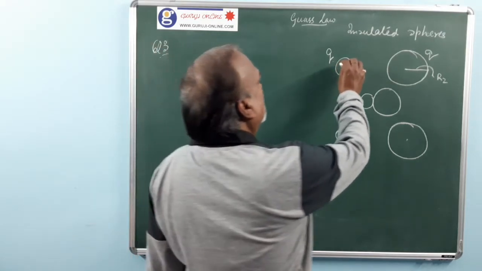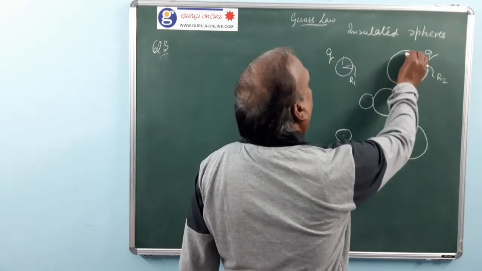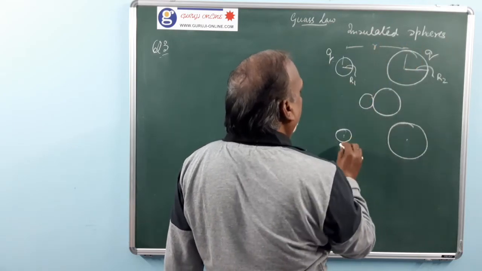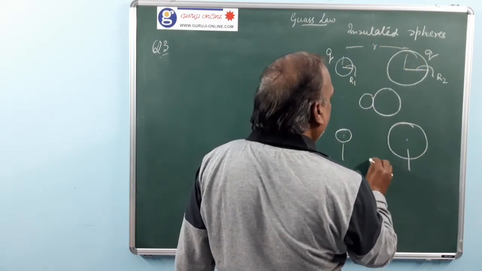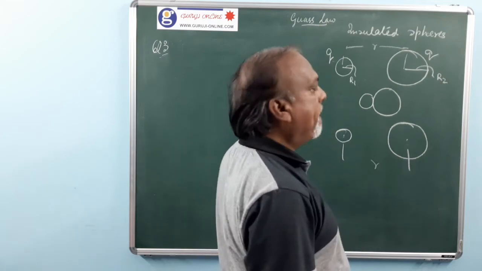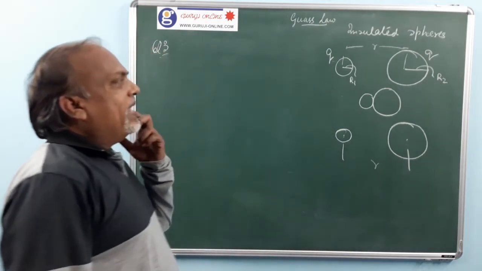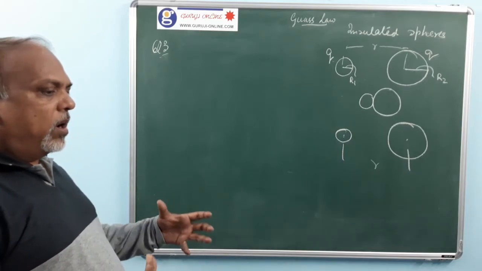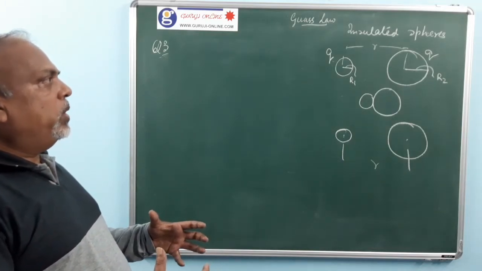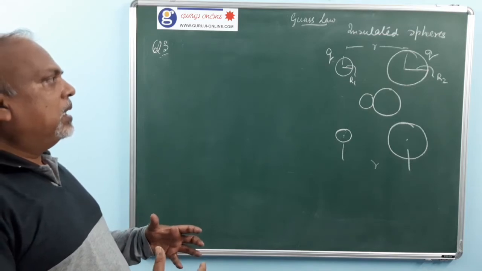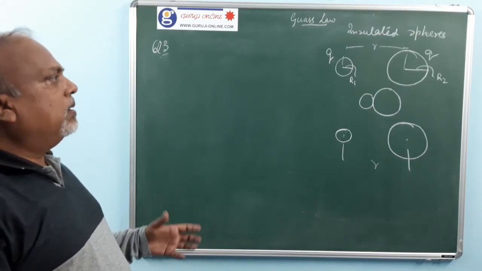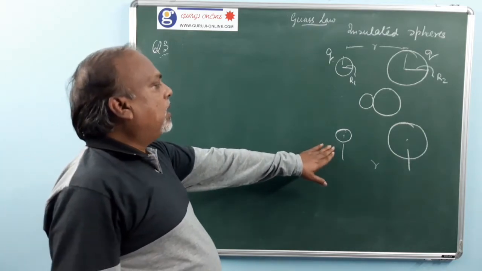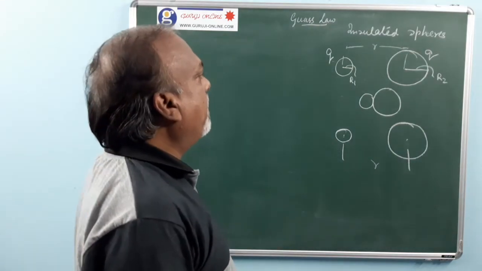Suppose this is R and then again it is R. So these two insulated spheres are brought to each other, they are touched, and they are again moved back to their original position.